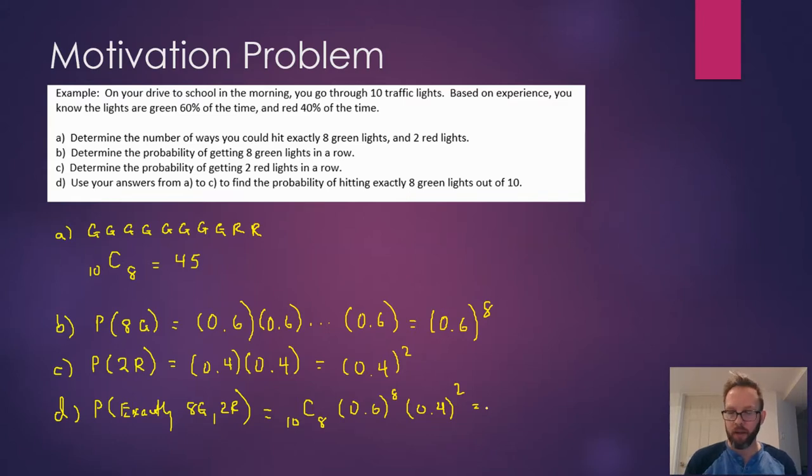And you can calculate that all at once in your calculator instead of doing each individual calculation. We knew 10 choose 8 was 45, times 0.6 to the power of 8, times 0.4 squared.